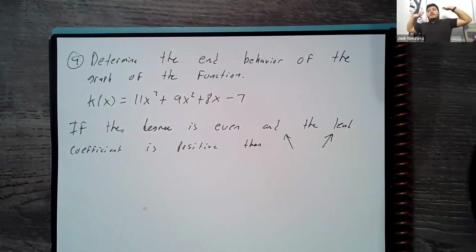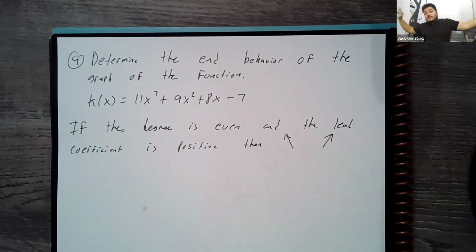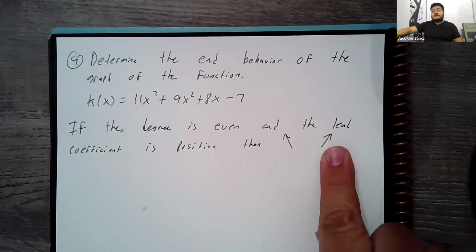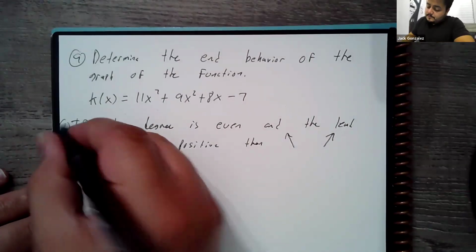As x goes to negative infinity, y goes to positive infinity. As x goes to positive infinity, y also still goes to positive infinity. Right? So that's number one.